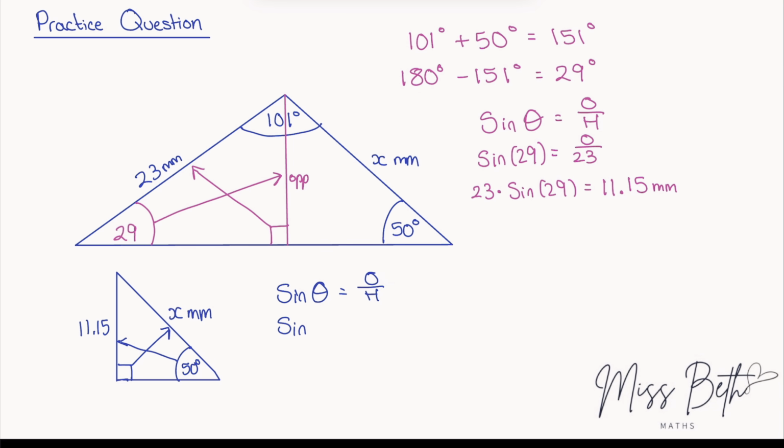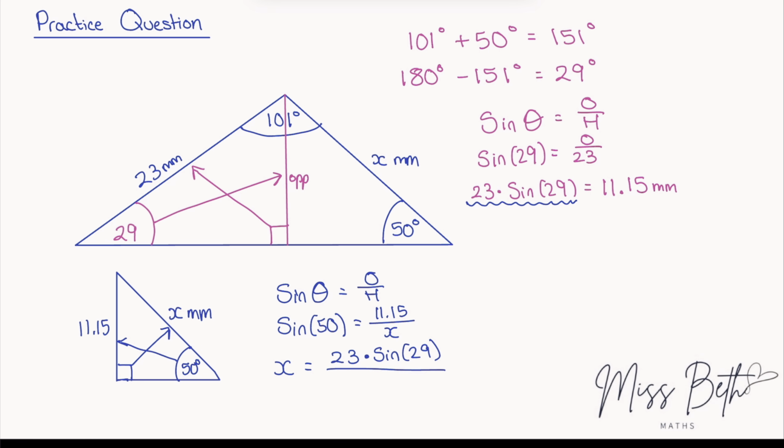So sine 50 is equal to 11.15 divided by x. Okay, so we're going to switch these out. So x is equal. Now what I'm actually going to do here is, instead of using the 11.15, I'm going to go back to what it was previously and use that just to avoid any rounding errors.